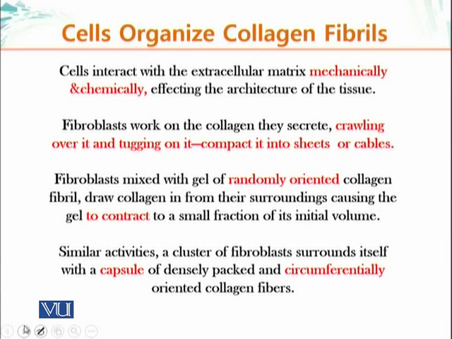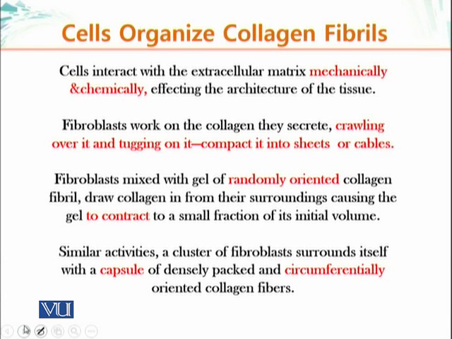Fibroblasts, which produce collagen, work on the collagen they produce. They play with this collagen, they crawl on it, they tug on it, they pull on it, and they can also compact collagen molecules into sheets or cables.